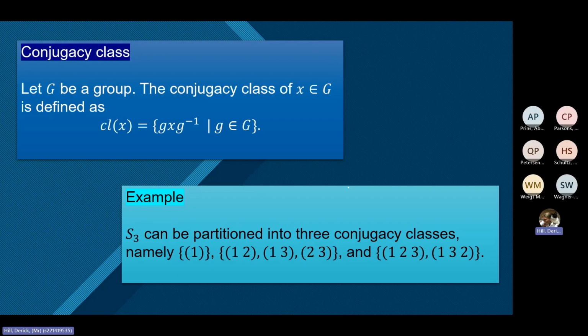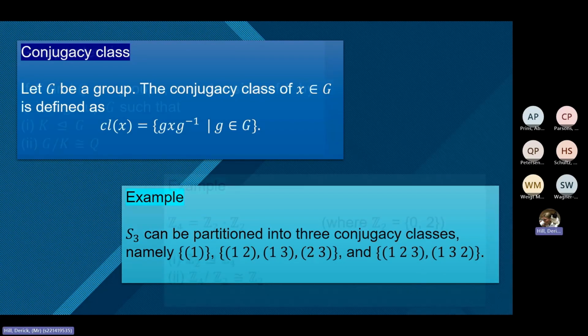As an example here, we have S3, the symmetric group of three elements, or symmetries of three elements. We can see that we have three conjugacy classes. Something interesting to note is all the different n cycles are in their own conjugacy class. So here we have the only one cycle, which is identity. We've got two cycles, all in the same class, and three cycles, all in the same class.